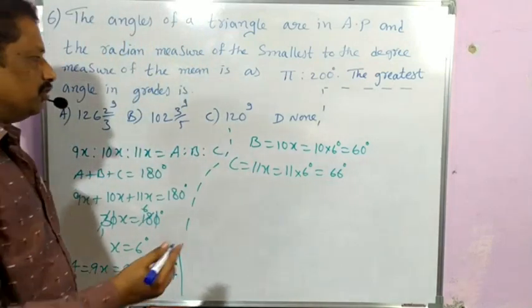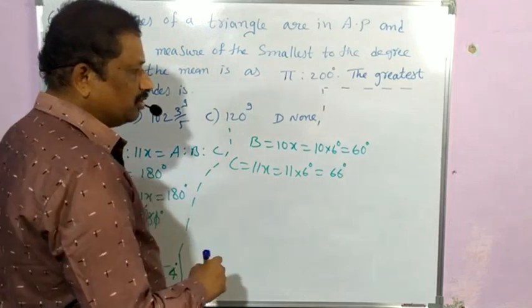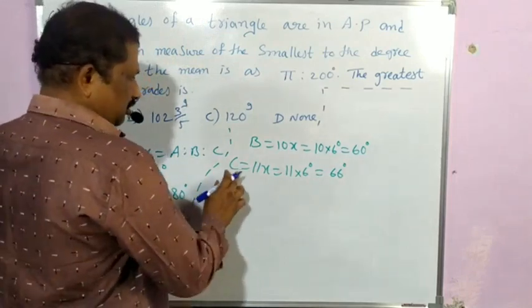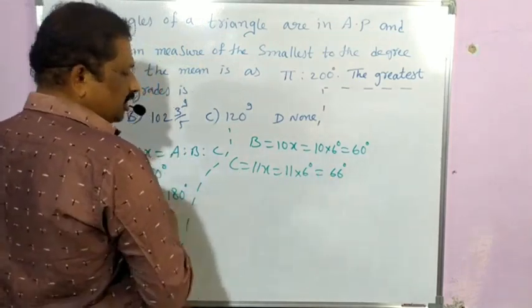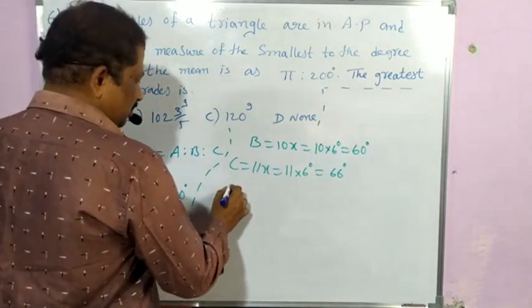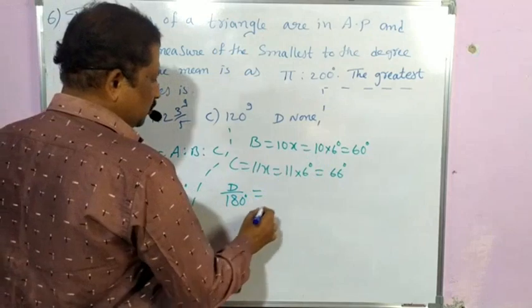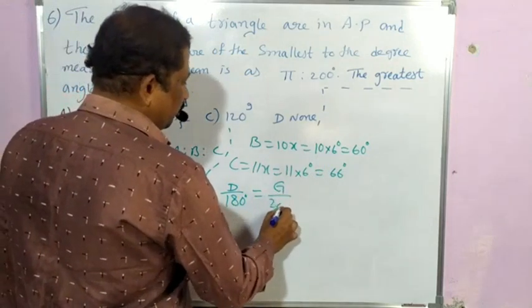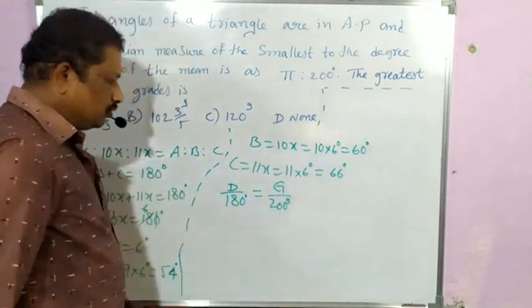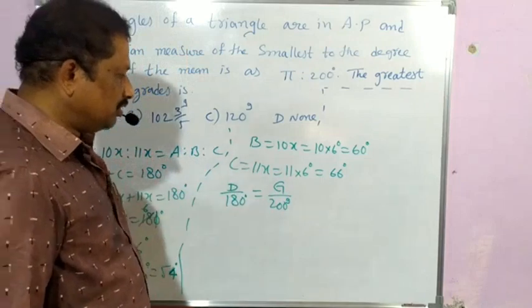This you have to convert into grades. So this is in degrees now. The relation between degrees and grades: D by 180 degrees is equal to G by 200 grades. So degrees you have to convert into grades.